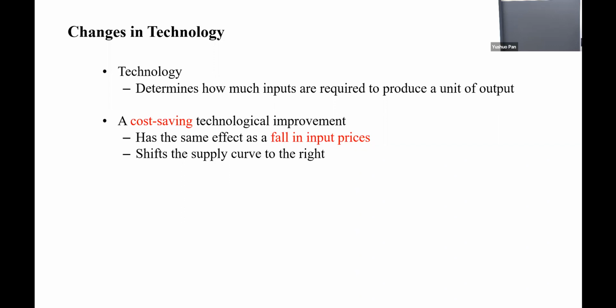When the technology improves, it's the same as an input price decrease. So you can combine technology and input price as the same one. When a technological improvement happens, the input price effectively falls and shifts the supply curve to the right.